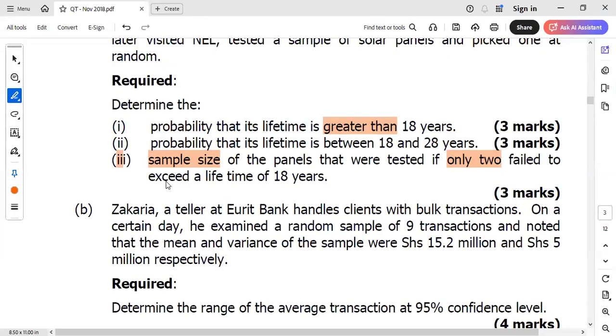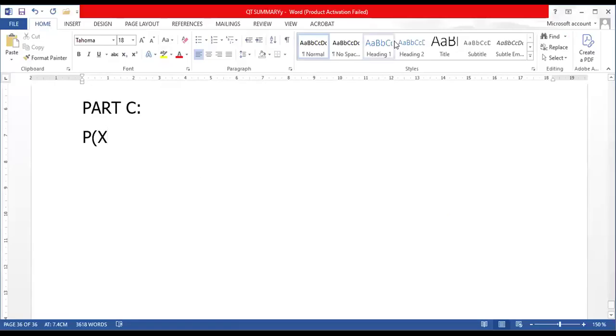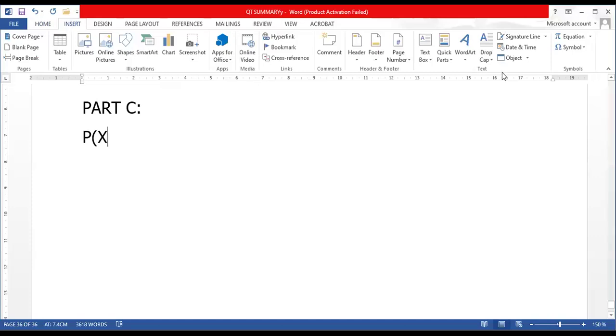The lifetime is not above 18. So it is less or equal to 18, if they say failed to exceed. Do you agree that it is something like this? Failed to exceed.